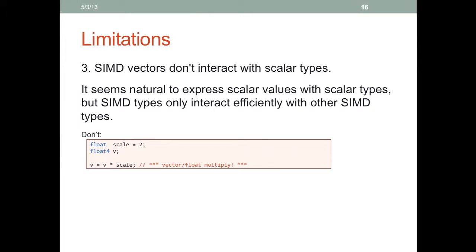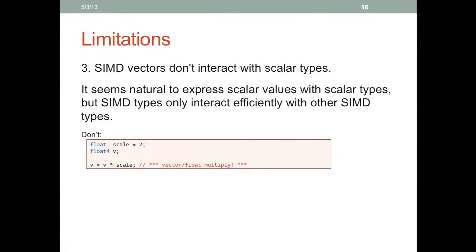Here we go, we have a float, scale 2, and a vector, v times a float. This is bad. Though D will syntactically accept this. The idea of supporting vector times scalar operations in D was so that you could perform a scale by a literal, but you can also syntactically perform a scale by a scalar.